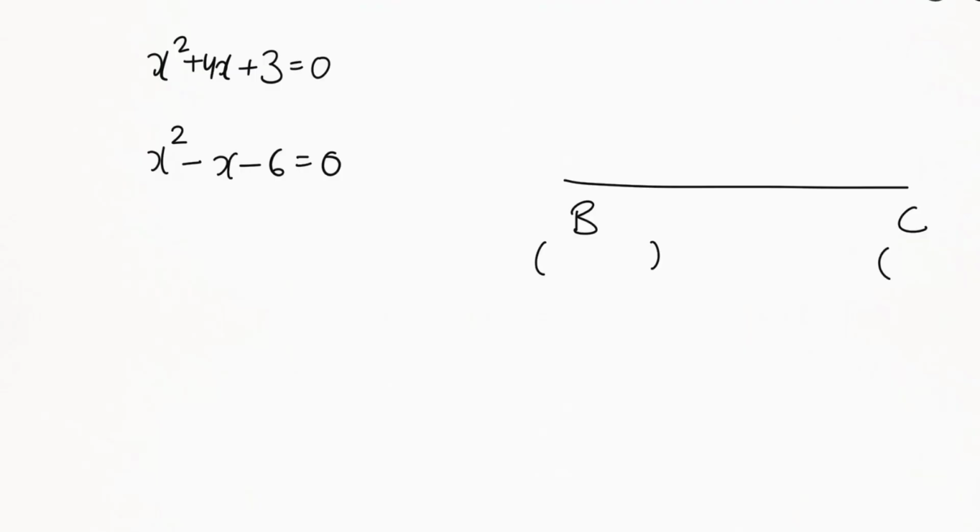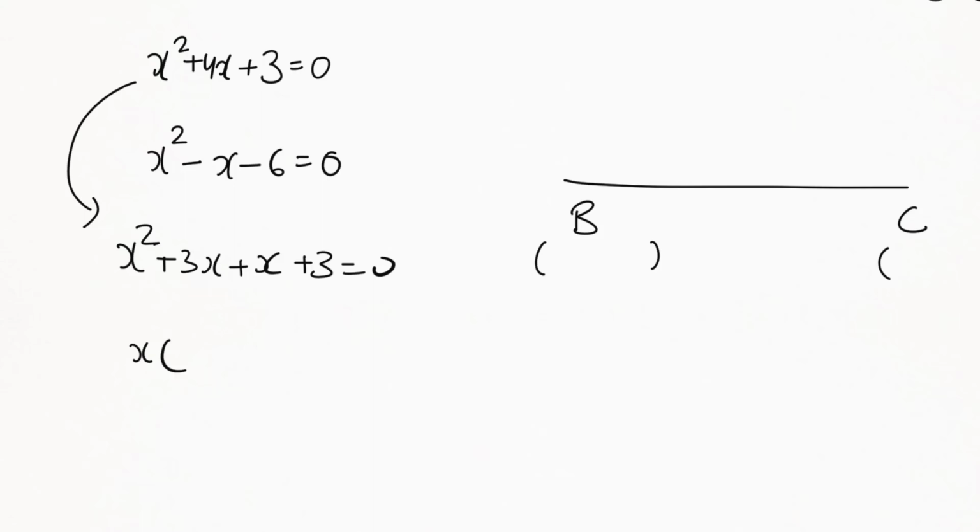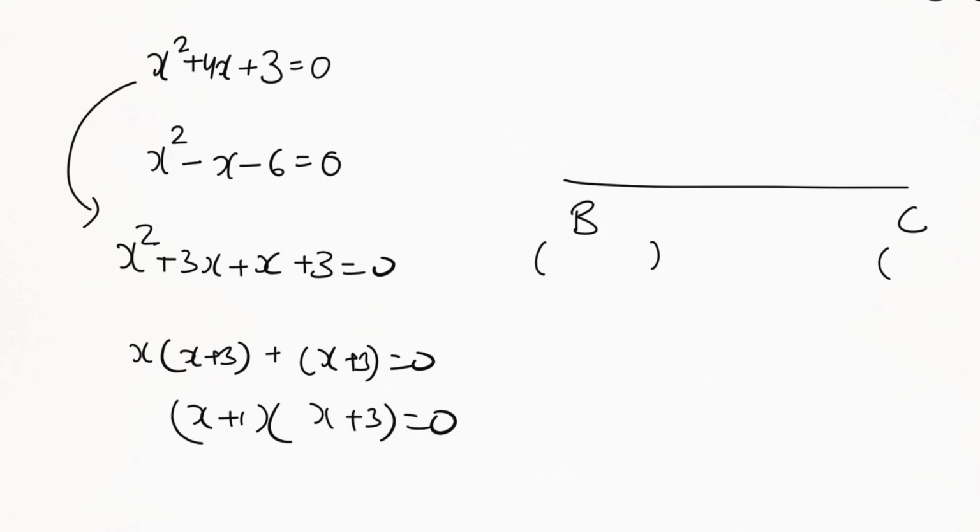Find the roots of the equation. The sum should be 4 and product should be 3, so factorize it: x square plus 3x plus x plus 3 equals 0. So x plus 1 and x plus 3. So the roots are negative 1 and negative 3.